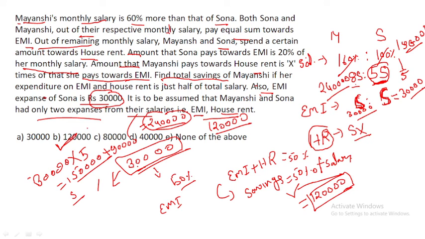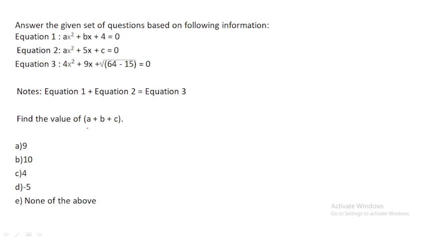Let's move on to the next question. And our next question is what? Answer the given set of questions based on the following information, right? Three quadratic equations are given. Equation 1: ax square plus bx plus 4 equal to 0. Equation 2: ax square plus 5x plus c equal to 0.